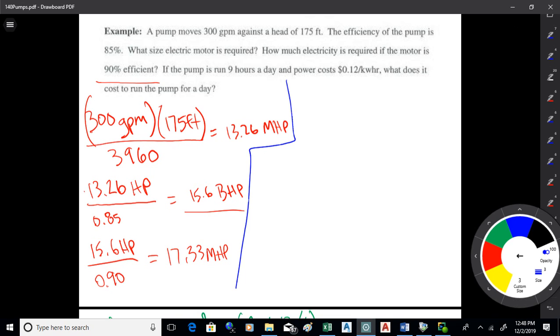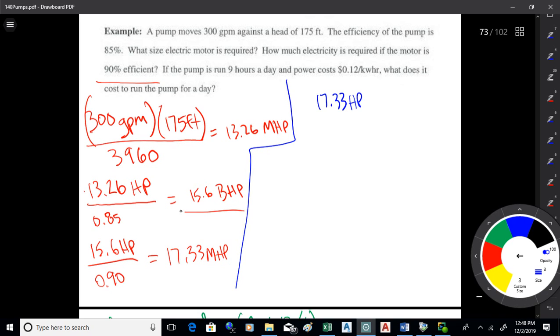Now, how many kilowatts is that? There's a conversion for kilowatts? Yeah, 12.92. There we go. Okay. So I have 17.33 horsepower coming into the motor.